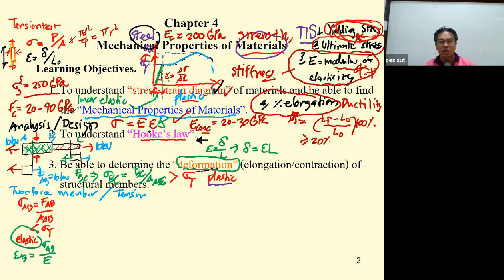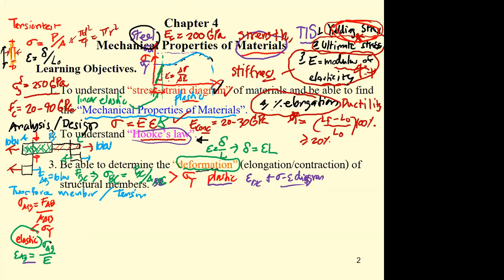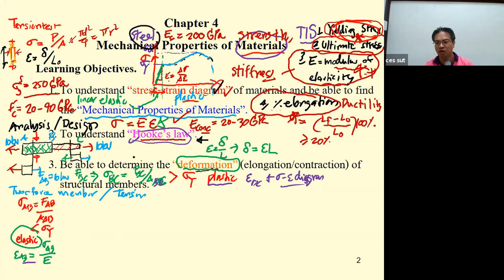It is plastic. We cannot use Hooke's law. By this way, you can determine the strain of this BC from the stress strain diagram. Okay, this is different. The plastic behavior you've got to determine from the stress strain diagram. However, the elastic behavior you can determine from Hooke's law.